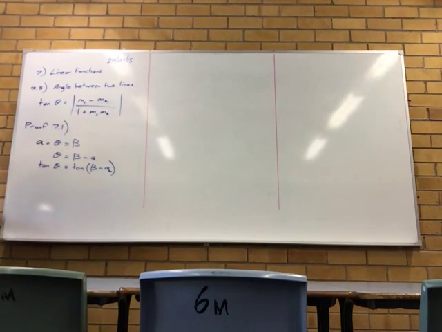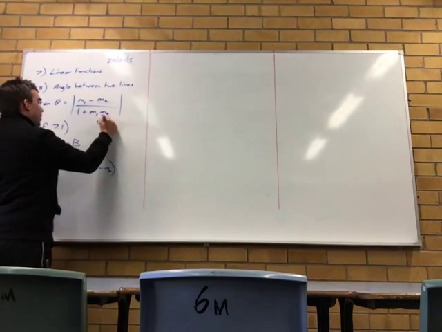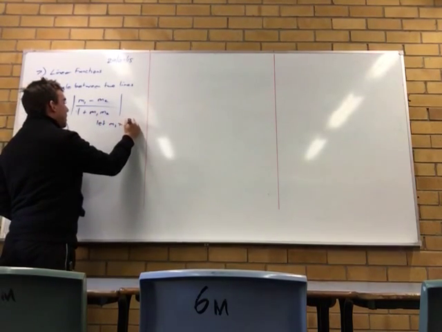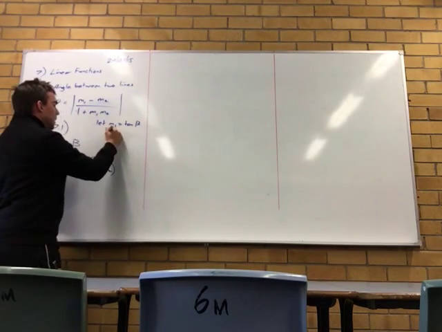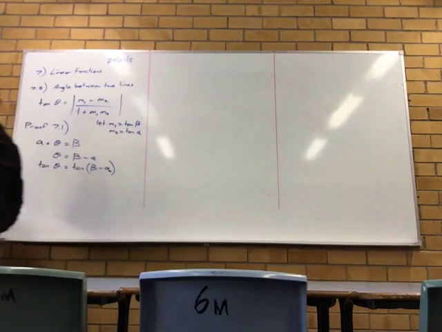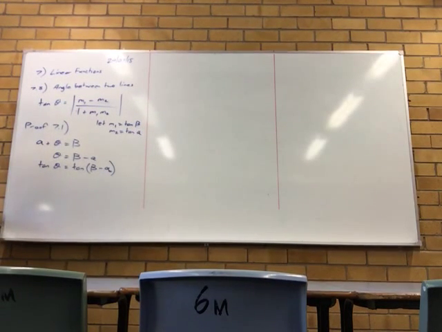Now, one other thing that we did in mathematics is finding the gradient given the angle that it makes with the positive x-axis. Okay, so we let m1 be tan of beta and m2 be tan of alpha. So this is something that was taught to you when I was away last 2 weeks.